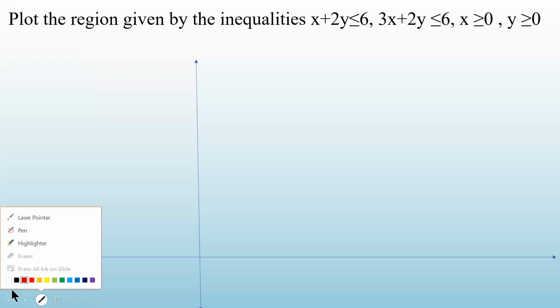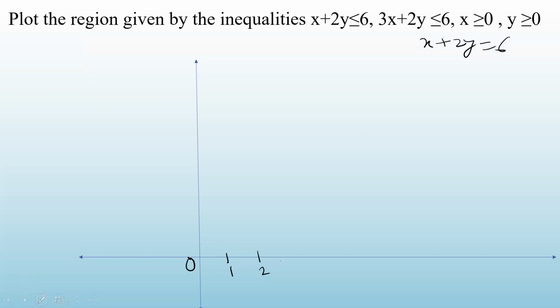So to draw this region, you need to first draw the line. Okay. So quickly draw the line. Let me use the black color only. So draw the line first. Can you draw the line x plus 2y equal to 6? Tell me what 2 points will be there. This is 0, 1, 2.